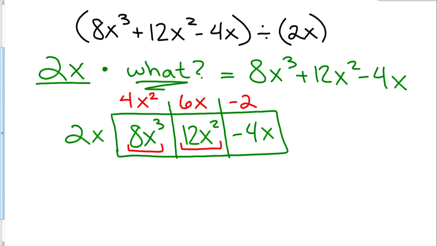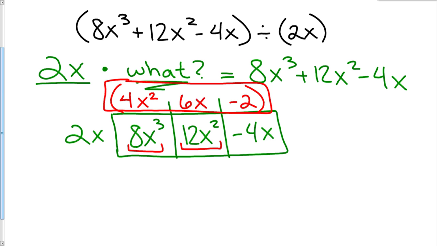Negative 2 times 2 gives us negative 4, and we already have our x, so we're done. So what we have here in the red, that's the answer to our division problem. That is the what from our multiplication problem.